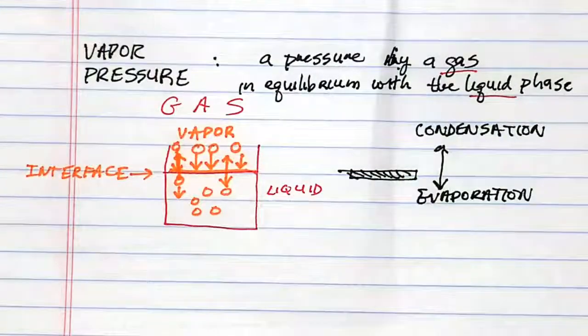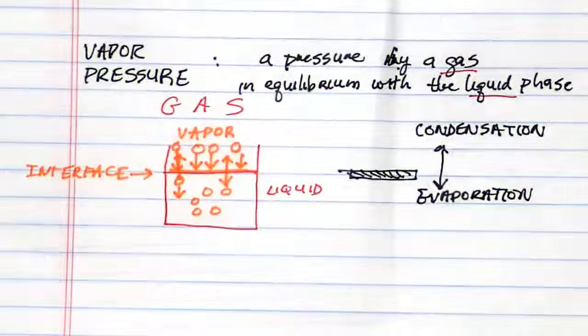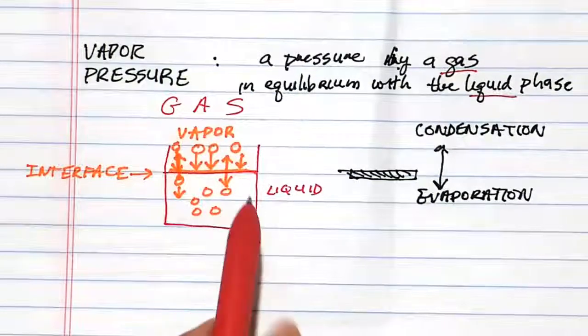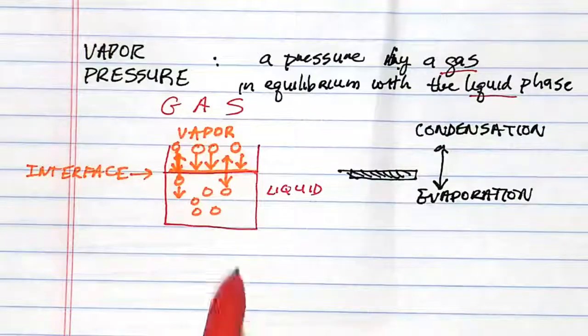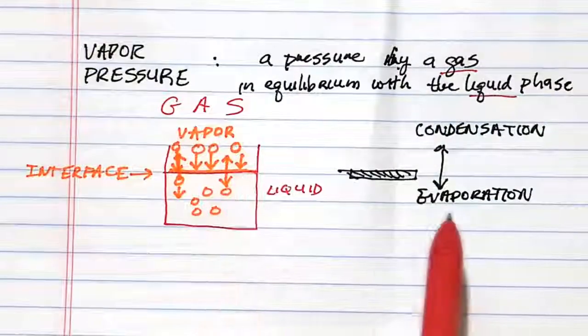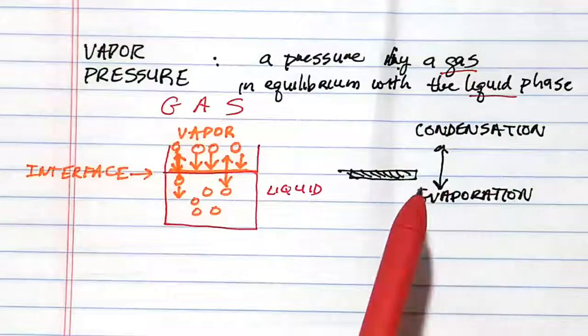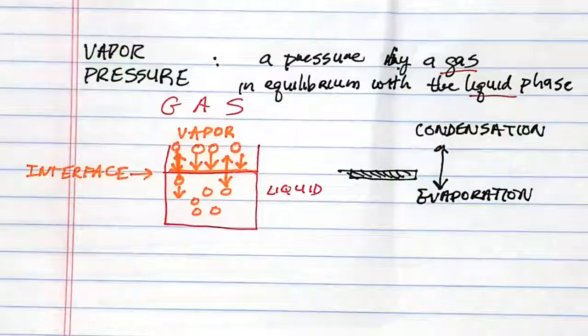So two competing processes that are in equilibrium, condensation and evaporation. Now the question you have to ask yourself is, what is preventing this from breaking free and exerting a vapor pressure? That is breaking free, going up, evaporating into the vapor phase, and then whatever goes up must come down so it can exert a vapor pressure on that interface.